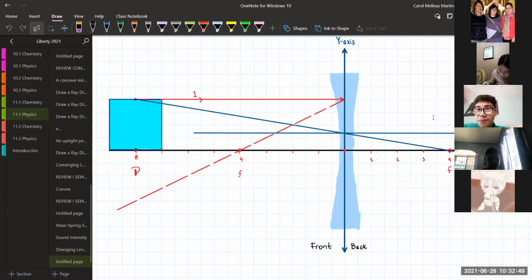Okay, and in the front, do it as a dash line. That is my second ray.